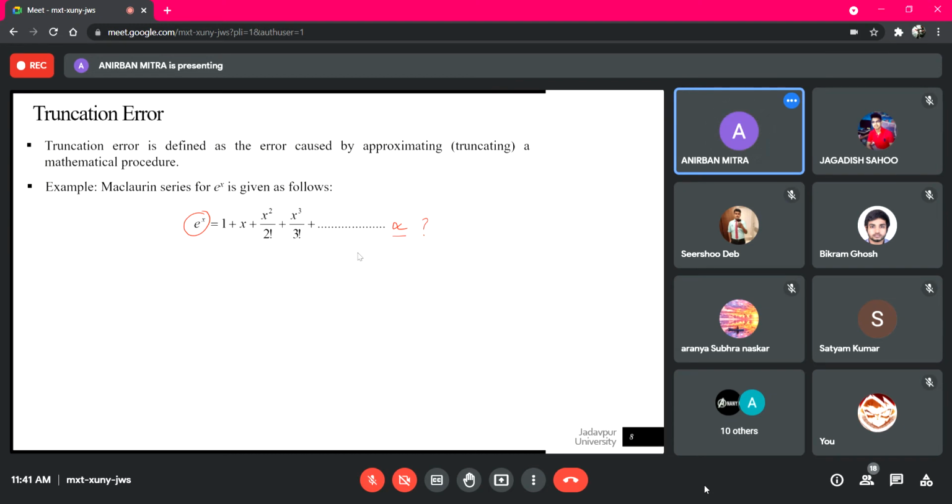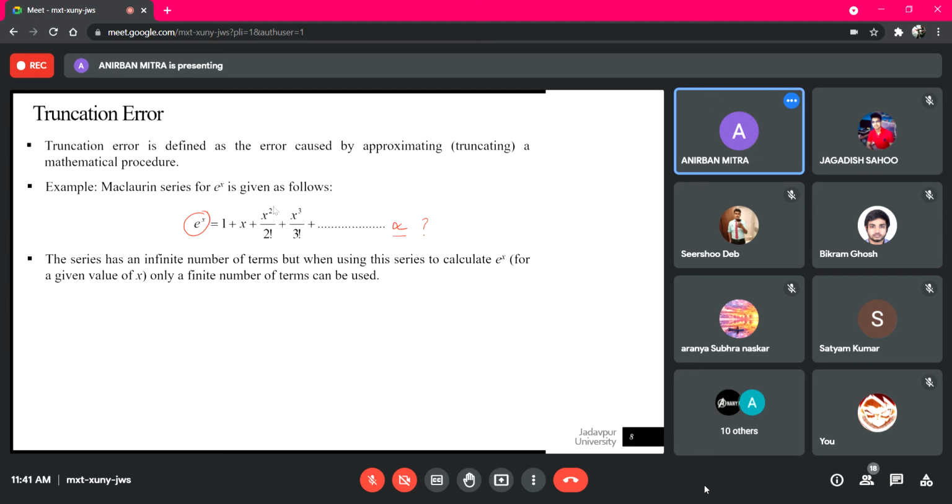So what will happen is that if you use only a finite number of terms, you will incorporate certain errors in the evaluation of e to the power x. This series has infinite number of terms, but when you use this series to calculate e to the power x for a given value of x, you can only use finite number of terms.